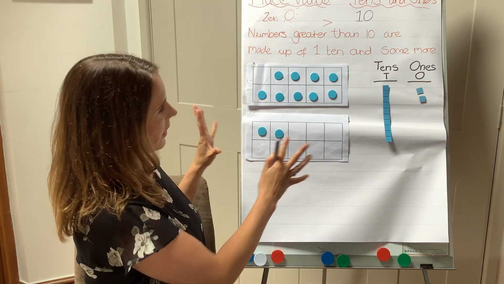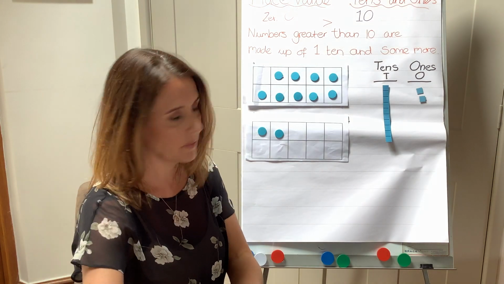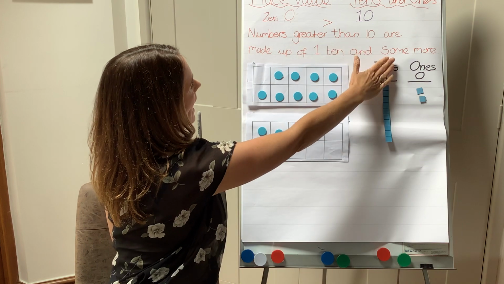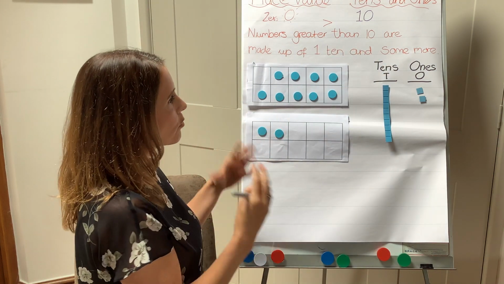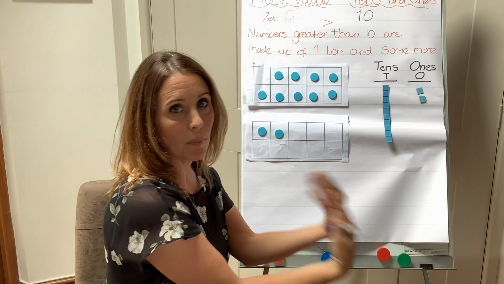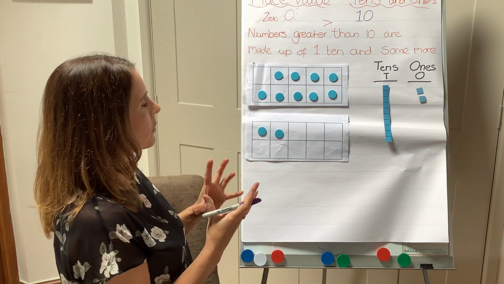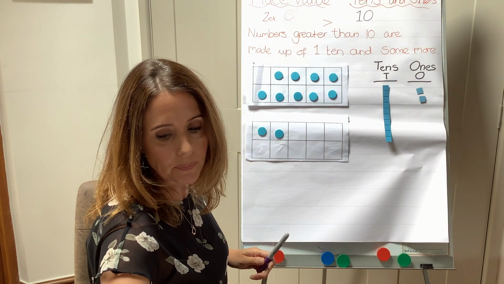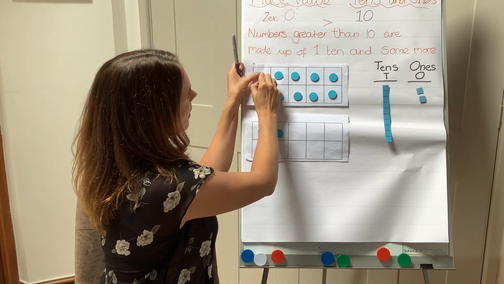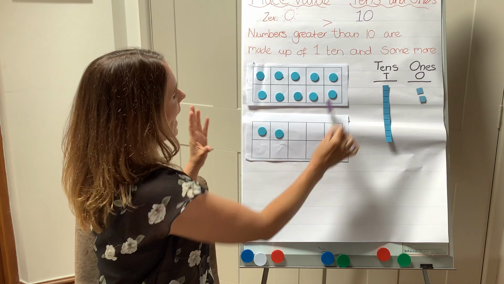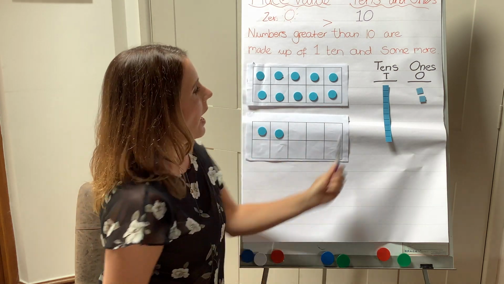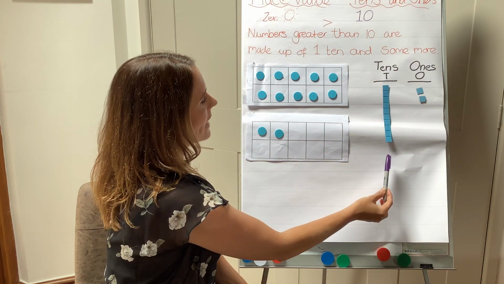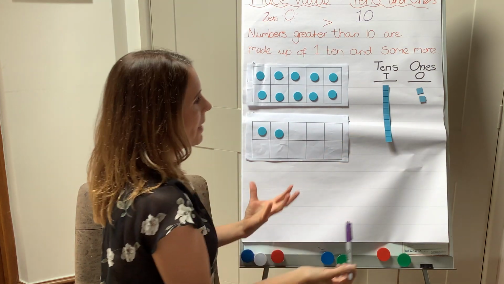So let's have a look first at the number 12. When we get above 10, numbers greater than 10 are made up of 1 ten, a group of 10, and some more. So we're grouping numbers now. So here we've got 12. So 12 is made up of 1 ten and 2 more. And we can also see it here using base 10. We've got 1 ten stick and 2 ones that make 12.